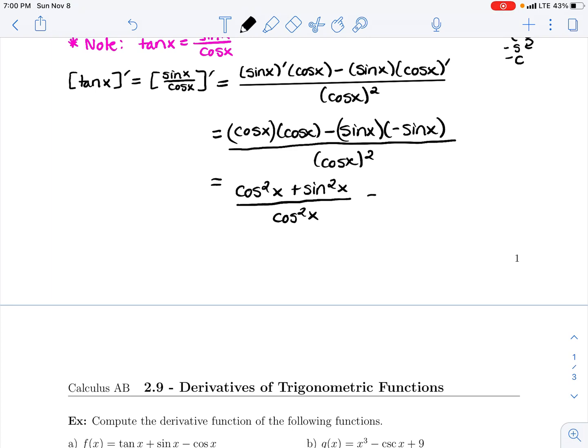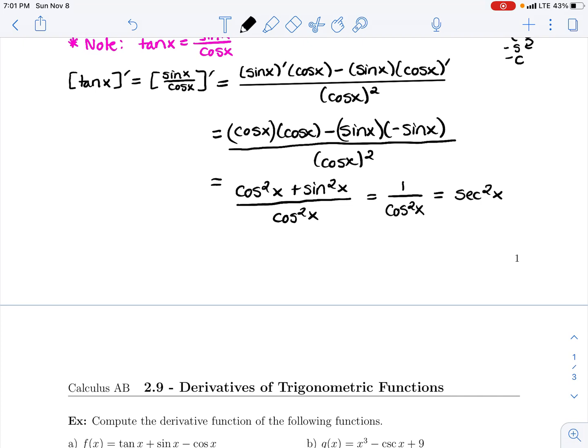Now you want to remember that cosine squared x plus sine squared x, that's truly like the most important identity in pre-calculus. All right, that is equal to 1. And so I get that this is 1 over cosine squared x, which is equal to secant squared x.